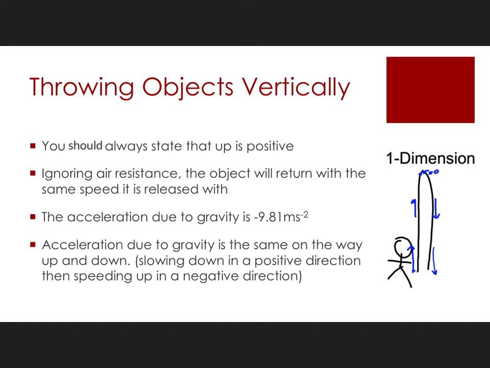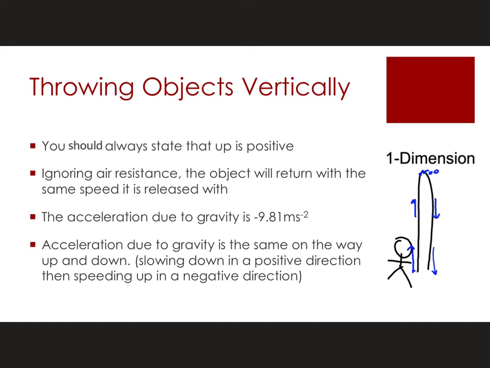I've got the negative down there because I've said up is positive, and the acceleration due to gravity is downwards. Now, if you think about it, it really should be a negative value. If I throw it up, it's going to be slowing down in a positive direction. One thing is negative, the other is positive, multiply them together, I should get a negative result.